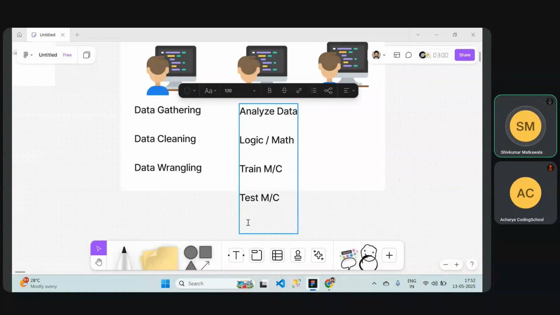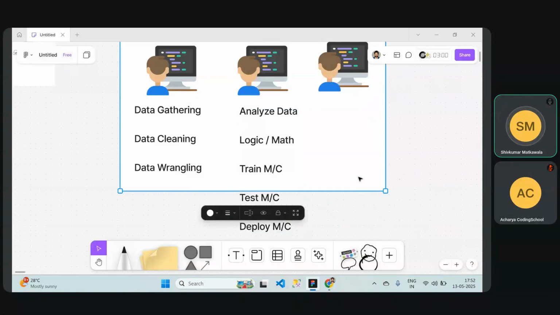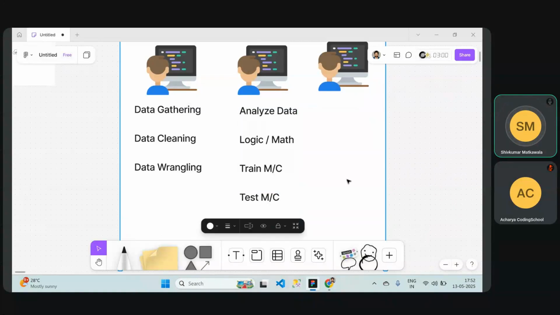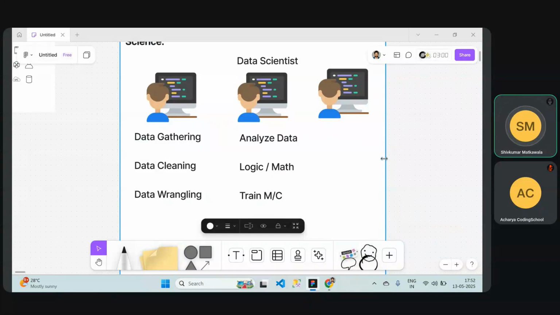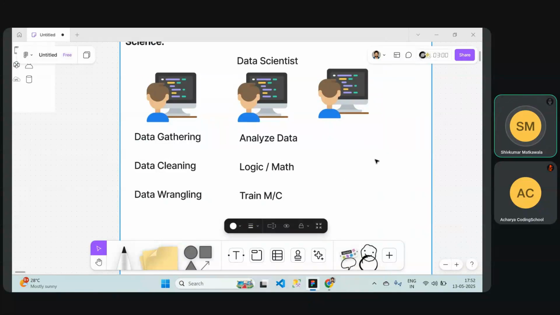After testing machines, we can deploy them, deploy those machines. So these are the various responsibilities of a data scientist.